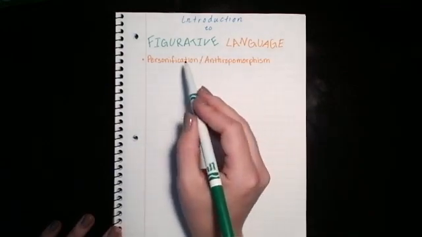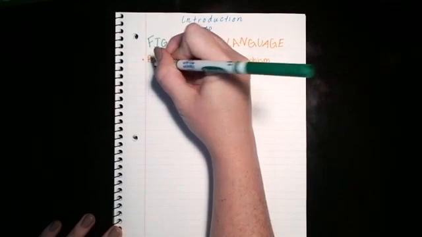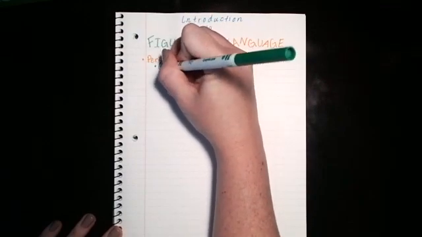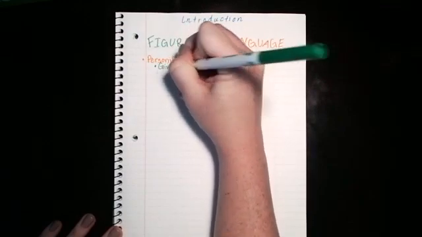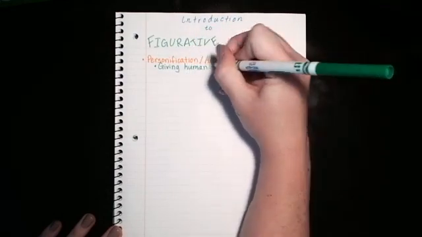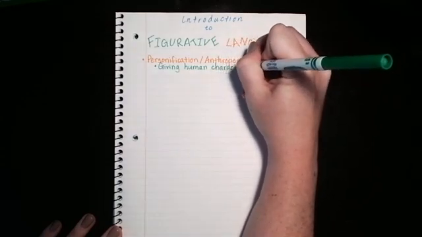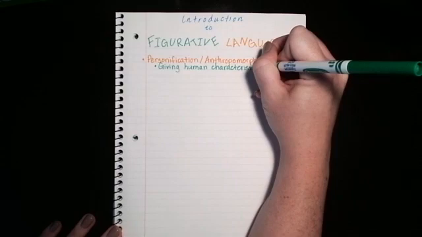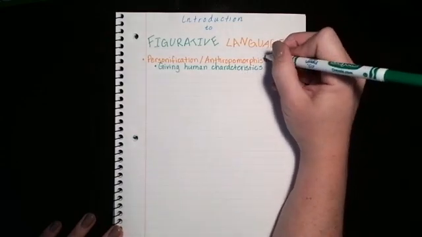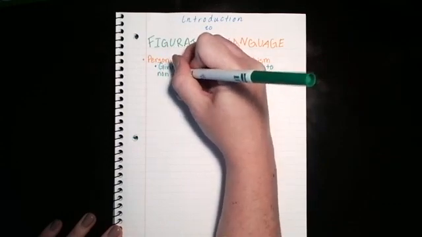All right, so for personification and anthropomorphism, this term means that we are giving human characteristics to non-human things.